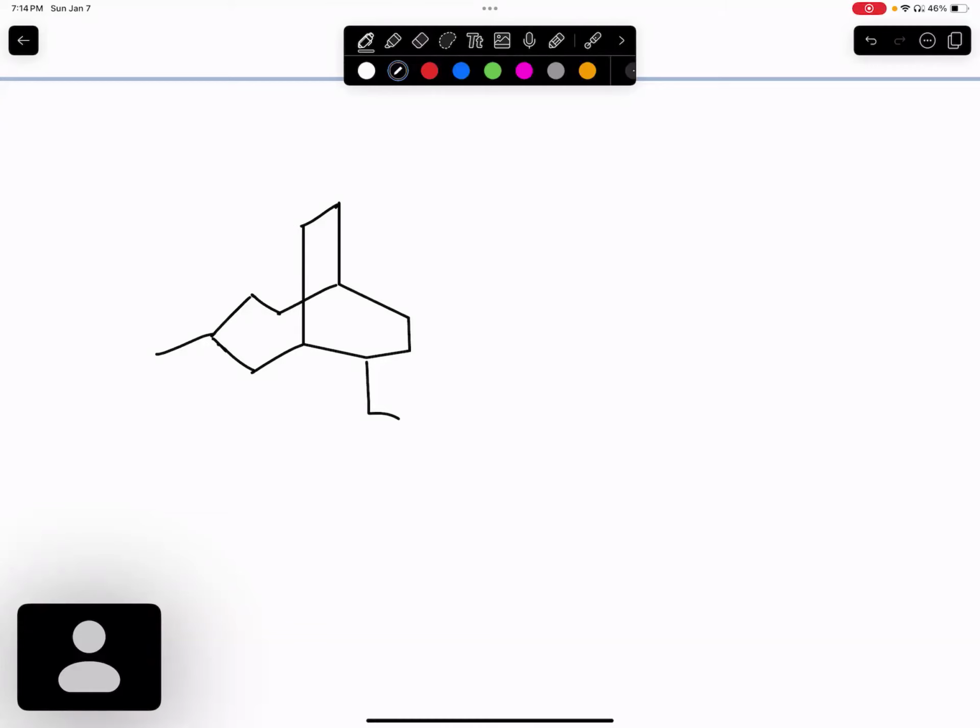I'll put another. Let's put a propyl group on there. Okay. Bridgehead carbons. Where am I going? Left, right, up. Would you go up in this case?